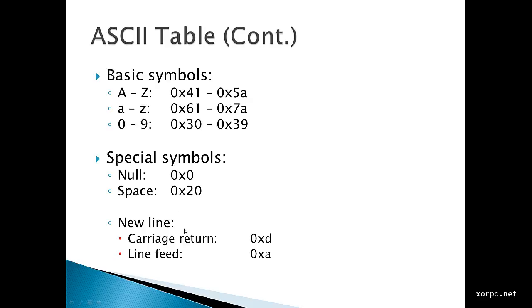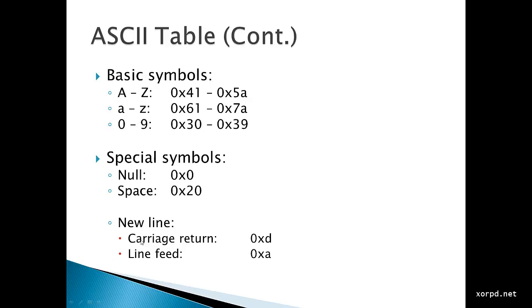Some other special symbols that we are going to deal with in a more detailed way in the near future. New line. In different operating systems, there are different ways to represent new line. And by new line, I mean, for example, when you have a text and you move from the current line to the new line. There is a special character to mean that you want to move to the new line. There are two main ways to do it.